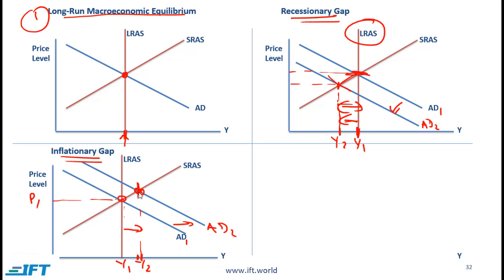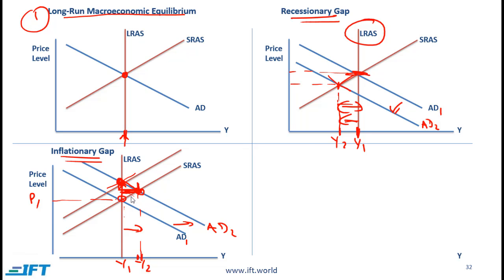So wages will go up, prices will go up, and we will end up back over here, because when costs go up, the short-run aggregate supply curve will eventually shift to the left, as we have discussed before, and we will end up at this point. Notice that effectively prices will have gone up, but the level of output will return to Y1. And you can see why this gap is called an inflationary gap. It drives inflation.